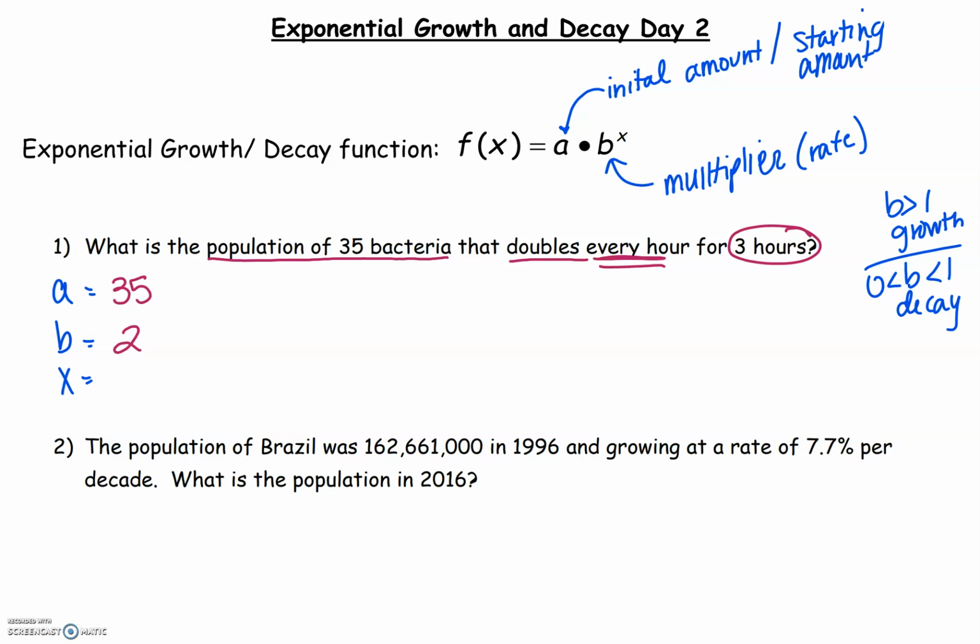So per hour, we end up with 3 hours, and that is our X. So Y equals, and then we put our A, 35 first, and then we put our B, which is 2, and then our exponent is 3. So in our calculator, we're going to take 35 times 2 to the third, and that is going to give us our answer of 280 bacteria.